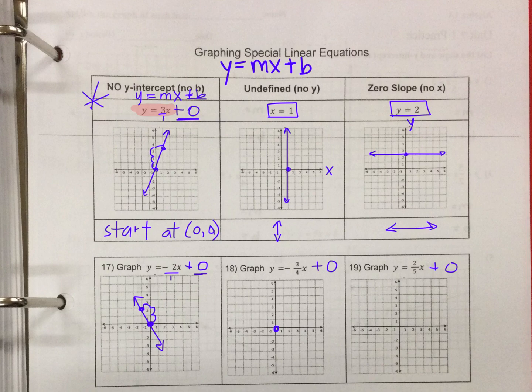Negative 3 over 4. 1, 2, 3. I've got to run in the negative. 1, 2, 3, 4. Negative 3 over 4. I need you to do 19 on your own and then flip over to page 4.